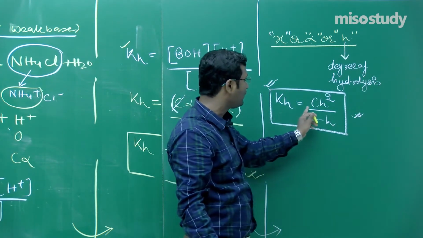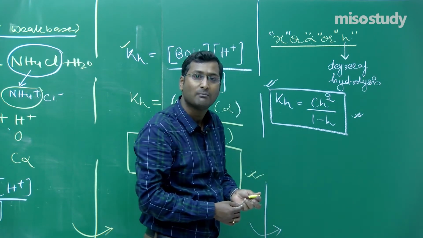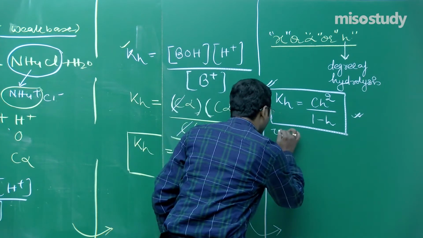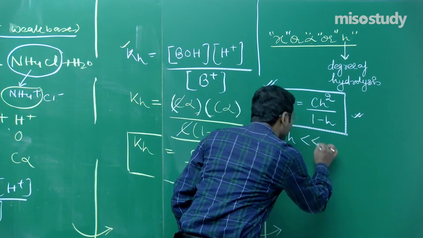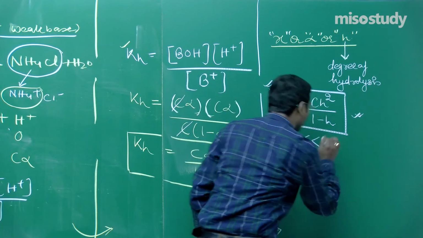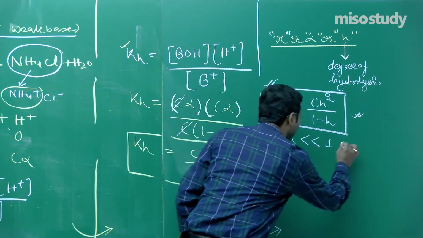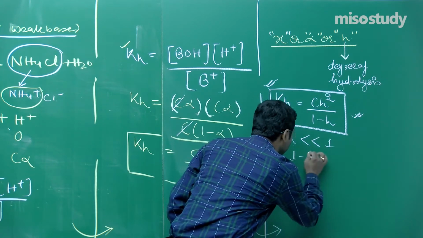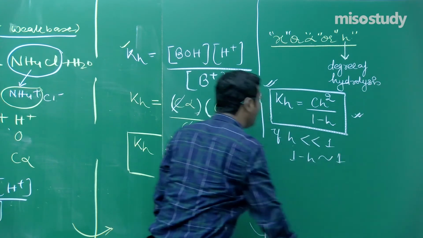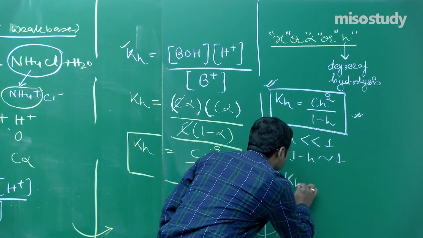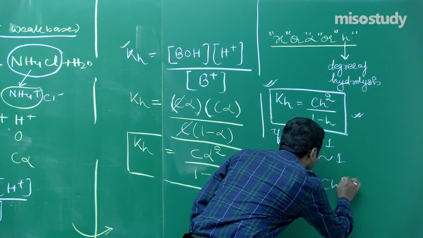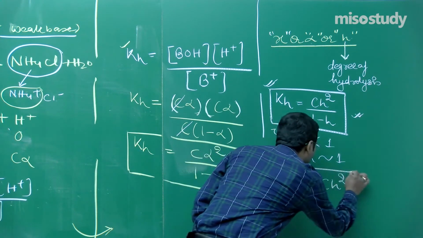So KH is equal to CH square upon 1 minus H. If H is very less than 1, then 1 minus H is almost equal to 1. Hence the expression is KH is equal to CH square.